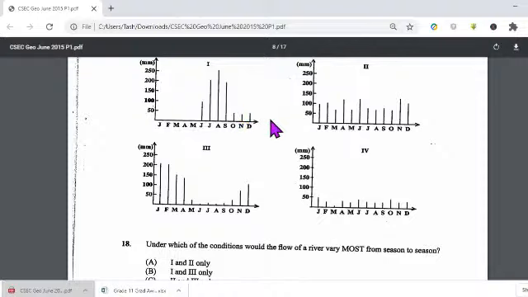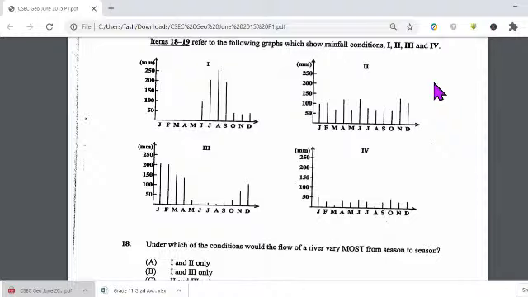So that would mean that for our river, we would not have much flow going on here, and then we would have heavy flow because a lot of rain came, and then it would reduce almost back to nothing. For 2, we have rainfall throughout the entire year, so the river would have about the same amount of water. It's fluctuating a little, so that one would have been out. Here, we have rainfall, but it reduces gradually, a small amount of rainfall.